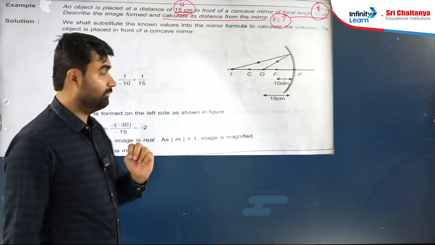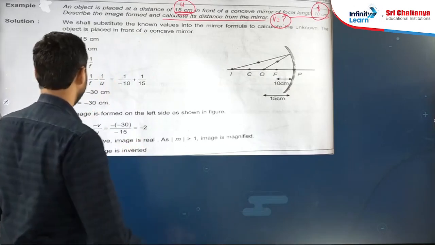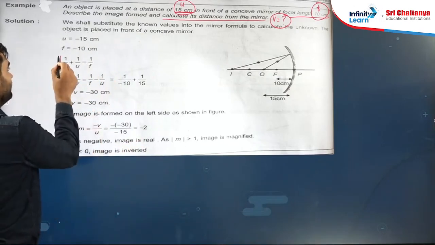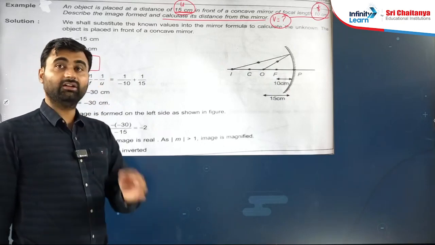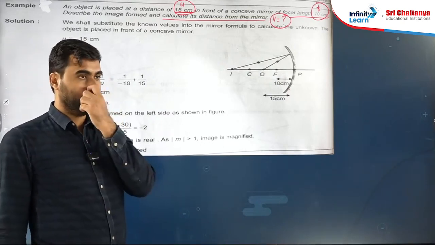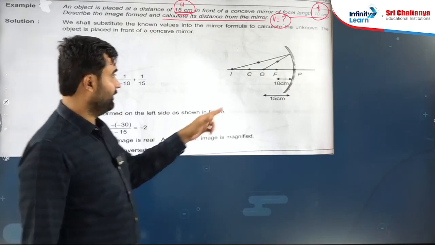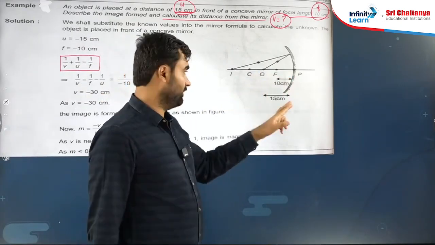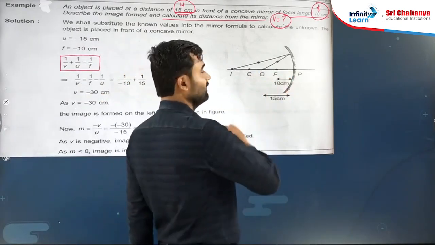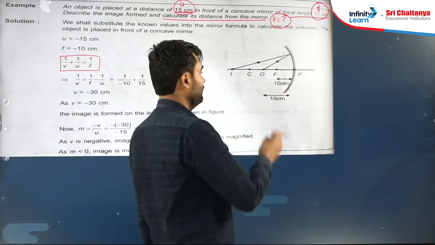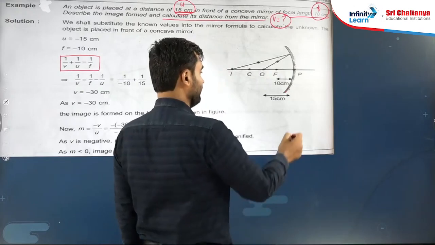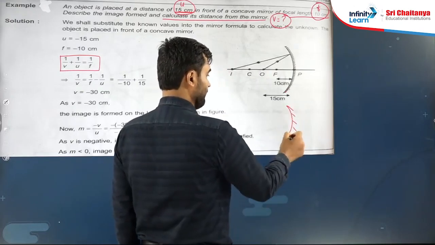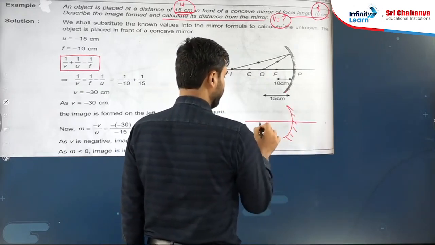So we will use the mirror formula: 1 by V plus 1 by U equal to 1 by F. Now understand how to put values. Where is the object? In front of the mirror. This is the mirror and the object is here.